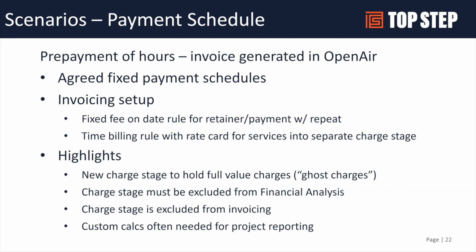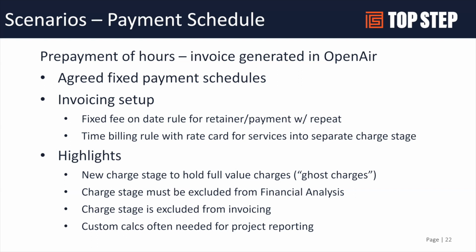And then at the end of the months, you do a true up to say, all right, what did we actually bill? And then what is the overage that we need to bill back to the customer to true up the dollar amounts. So in this scenario, we just have to set up the agreed payment schedule in OpenAir using the fixed fee billing rules.